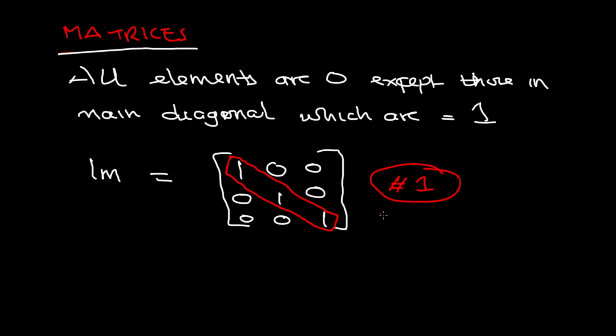So this is probably our nugget number 1. When we look at the identity matrix, all the elements are 0. You'll see that this is 0, that's 0. Everything else is 0 except the ones that we find in the main diagonal. These are equal to 1.